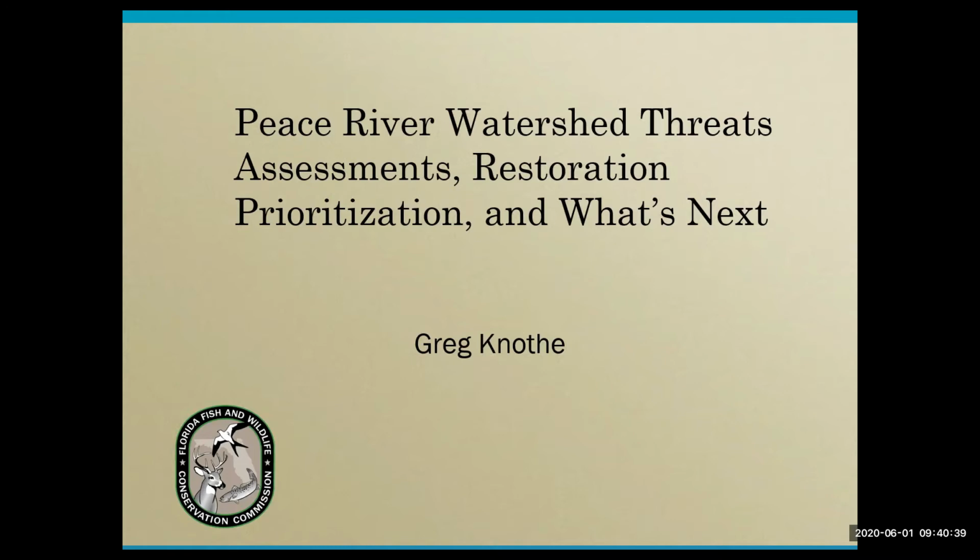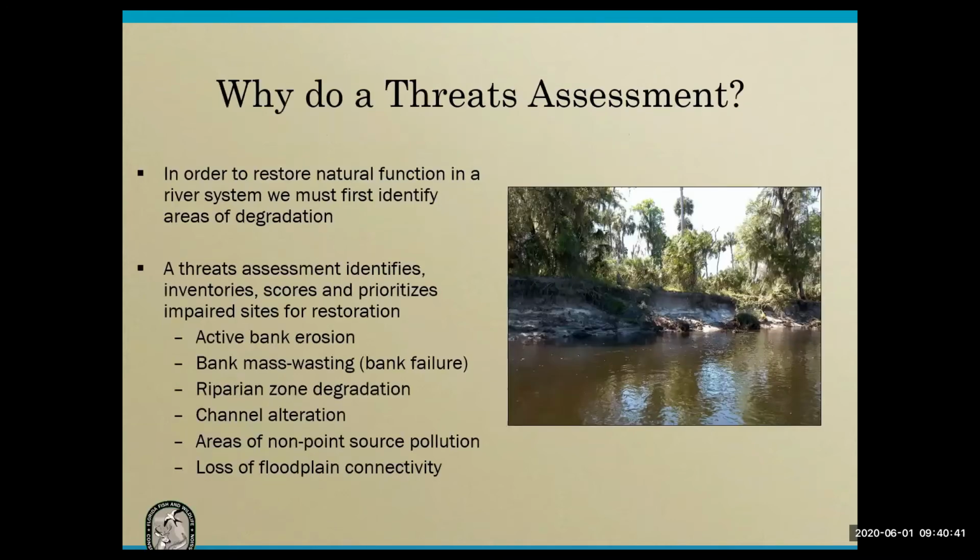Next slide, please. So why do a threats assessment? In order to restore the natural function of a river system, we must first identify those areas of habitat degradation. And for our project, the threats assessment identifies, inventories, scores, and then prioritizes restoration of these impaired sites.